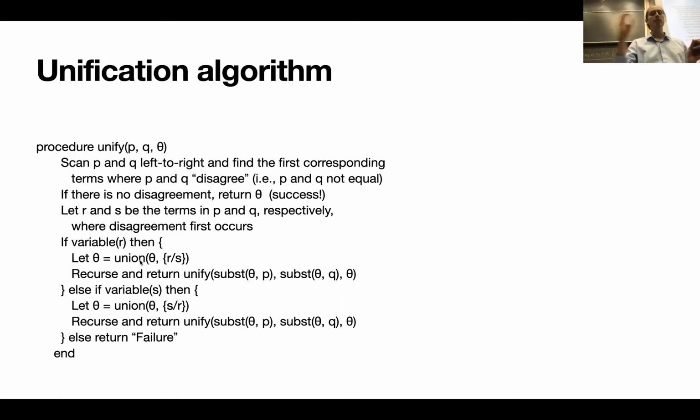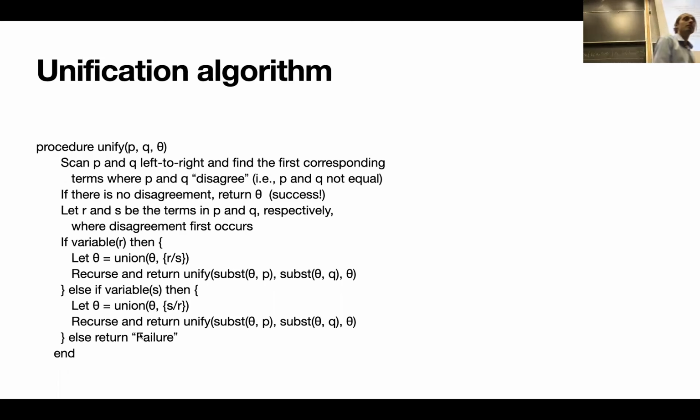We unify them: we make R equal to S. We do the substitution R equals S, add it to theta, our substitution list, and then recursively call this procedure to unify the remaining sentences, now with our new unification set theta. And if S is a variable, the same thing.